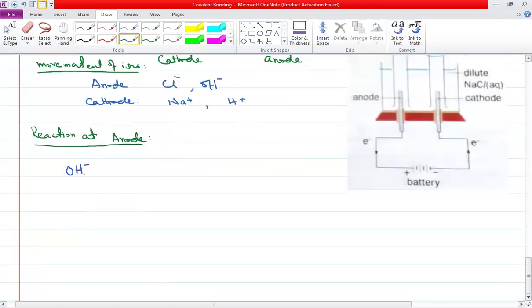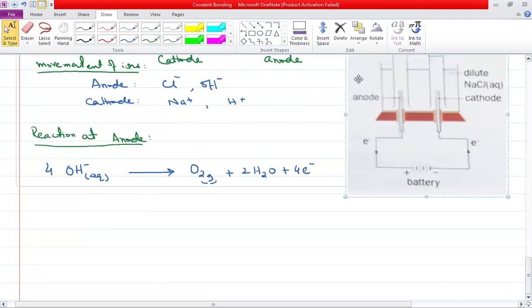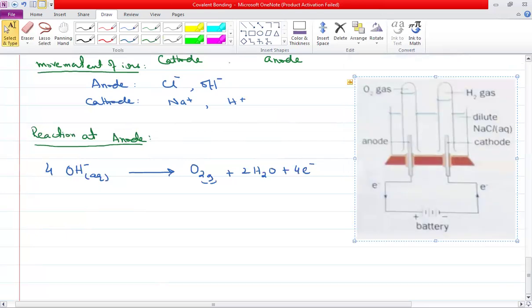And when OH ion is selected, it will be discharged at the anode. So 4 OH ions will discharge, forming oxygen gas, 2 water molecules, and 4 electrons will be discharged. So at the anode, oxygen gas will be formed here. This is the oxygen gas.